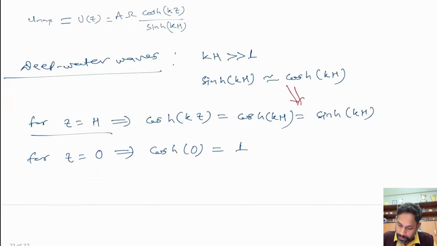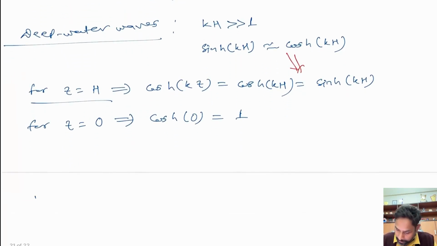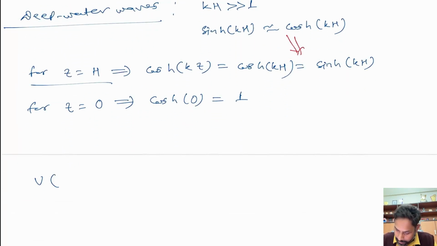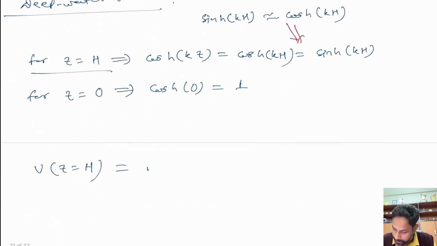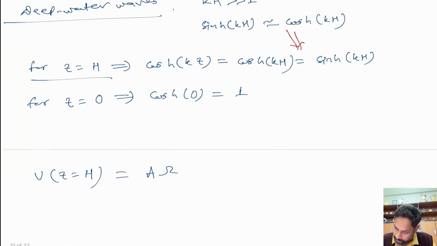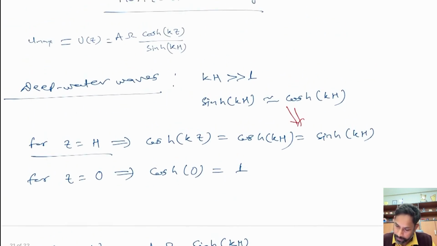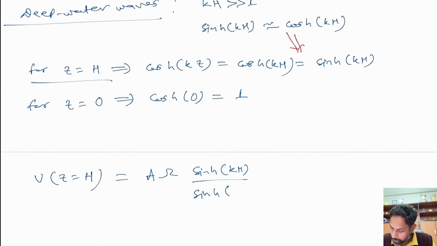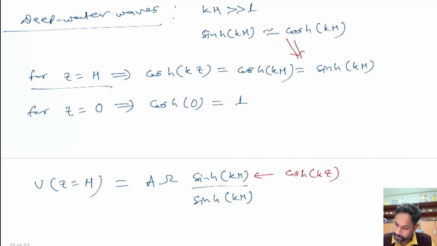Okay, so now let's analyze this u max that we have. U at Z equal to H gives us a omega sine hyperbolic of KH over sine hyperbolic of KH, where this one is coming from cos hyperbolic of KZ, right, as we have already proved here. So that is the same thing happening here.